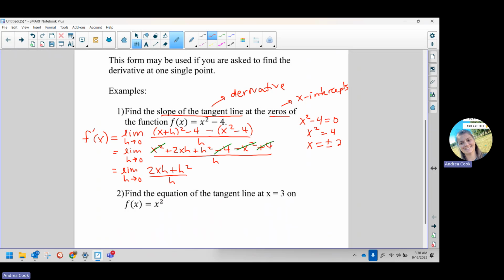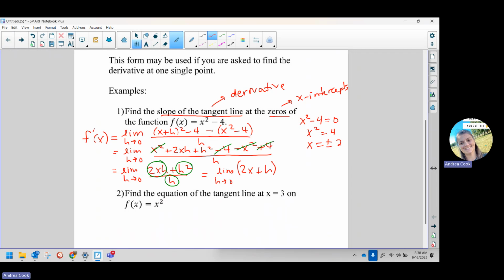If I evaluate that limit, I'm going to get 0 over 0. So I can reduce it, because the terms in the numerator and the denominator all have h in common. So I'm going to cancel out an h. I get the limit as h goes to 0 of 2x plus h.